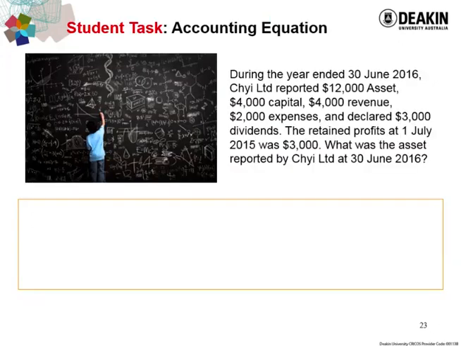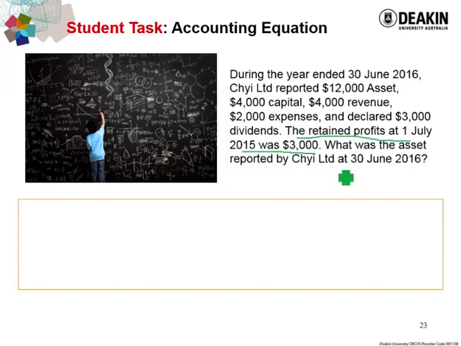Your student task. During the year ended 30th June 2016, Chi Limited reported 12K asset, 4K capital, 4K revenue, 2K expense, 3K dividends. The retained profits at 1st July 2015 was 3K. So this is actually the opening retained profits.